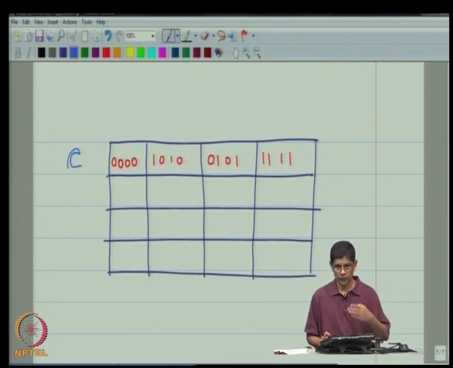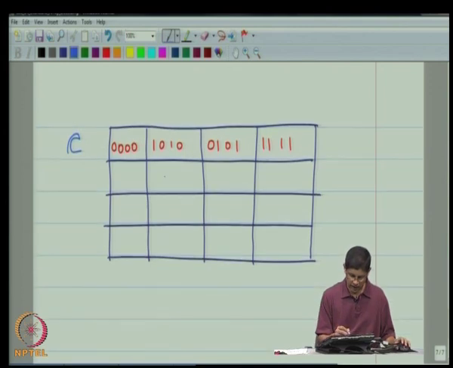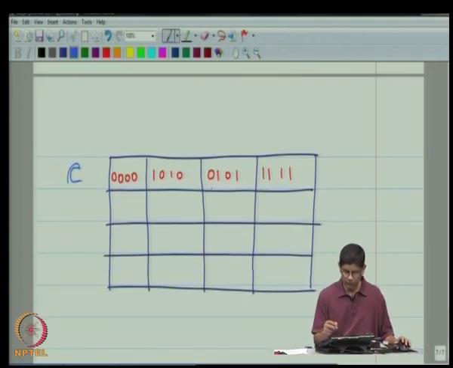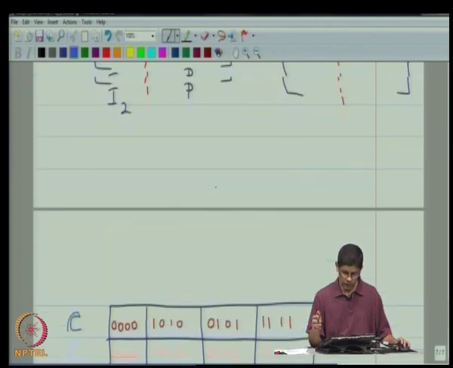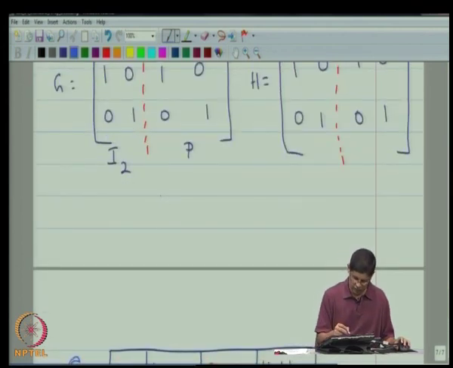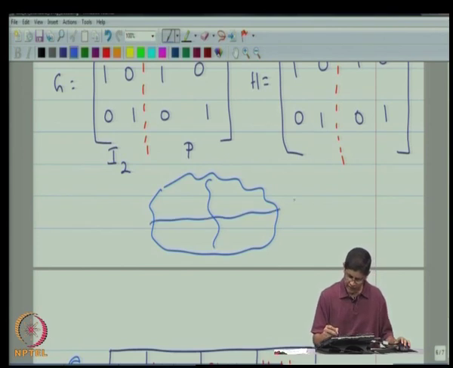So for that reason, we are going to write down the cosets of the code. Now below this I want to reserve, now the number of 4-tuples is 16. So if you look at the set of all 4-tuples from an abstract point of view, then there are 16 of them, and so there will be a code, and then there will be 3 other cosets of the code. Okay.